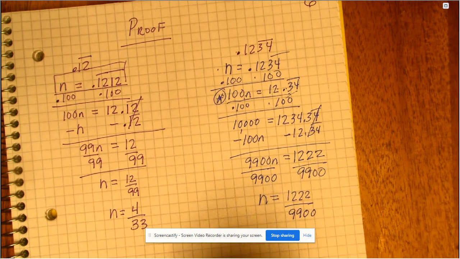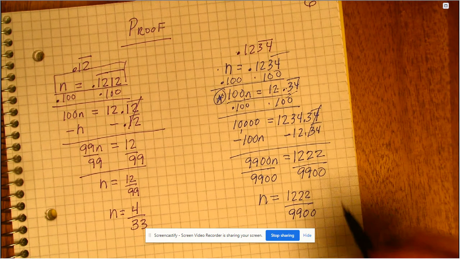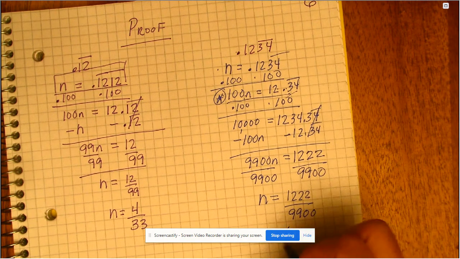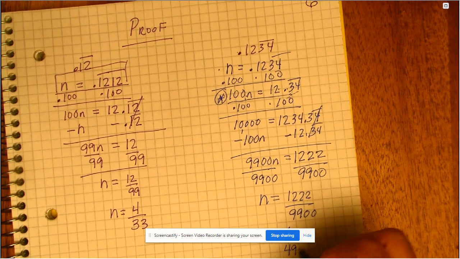So again, I'm going to divide both sides by 2. And I get 611. When I divide 9,900 by 2, I get actually 4,950.